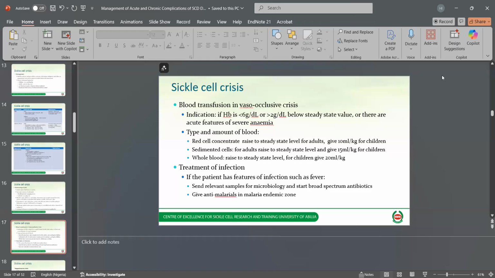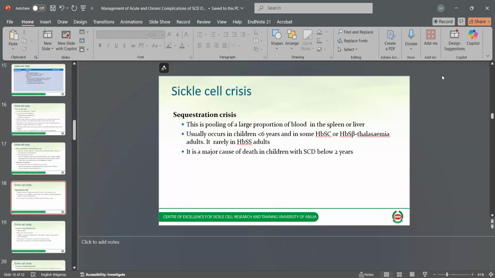In that case, we send relevant samples for microbiology and start broad spectrum antibiotics, depending on the common organisms in the environment. Give the appropriate broad spectrum antibiotics pending when the blood culture results will come out. Give anti-malarial in malaria endemic zone.